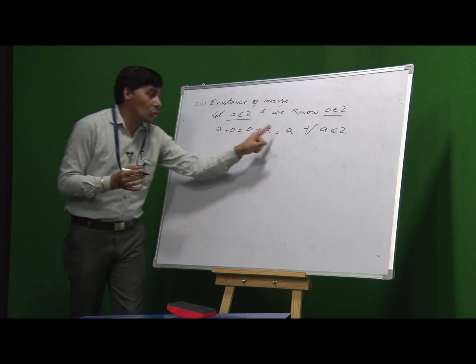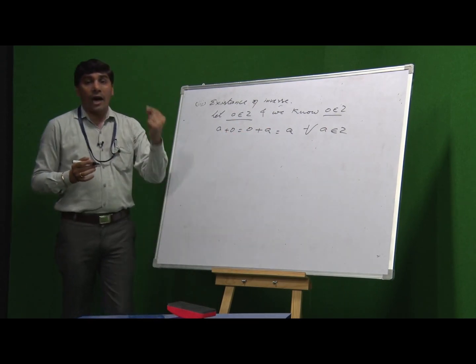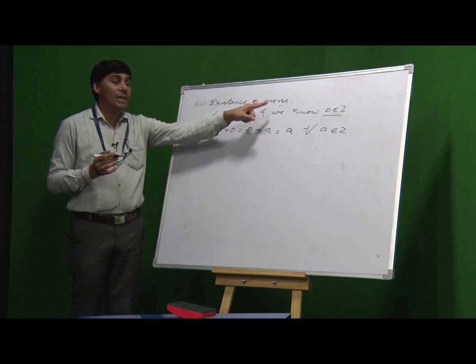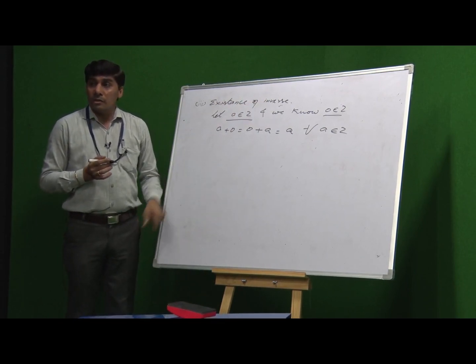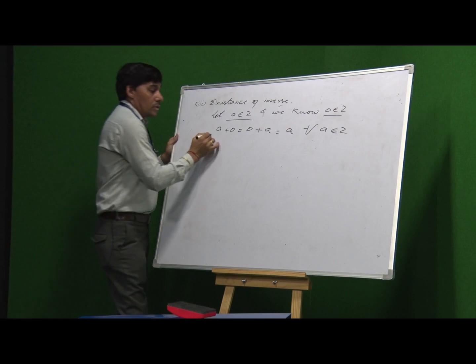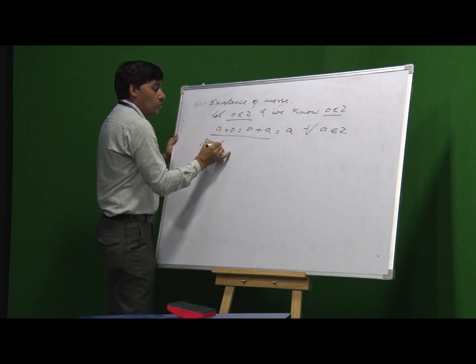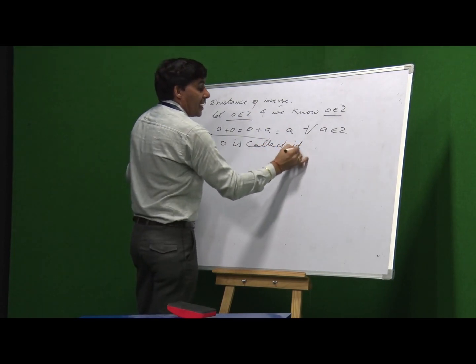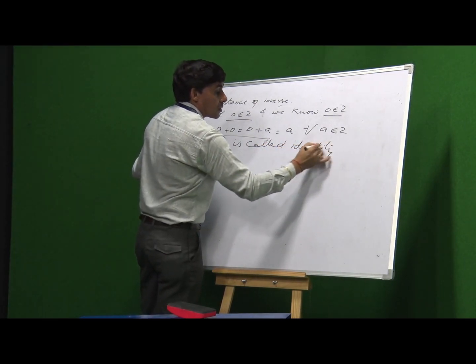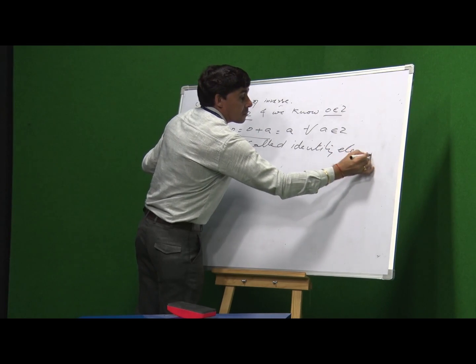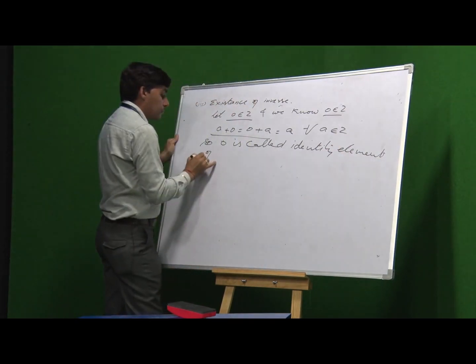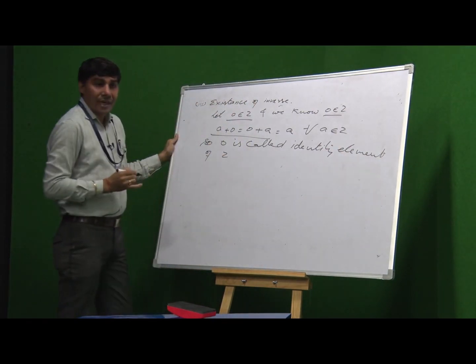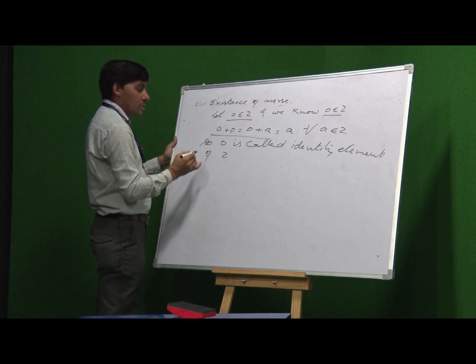So 0 is called the identity element of Z. Hence, existence of identity property is satisfied.